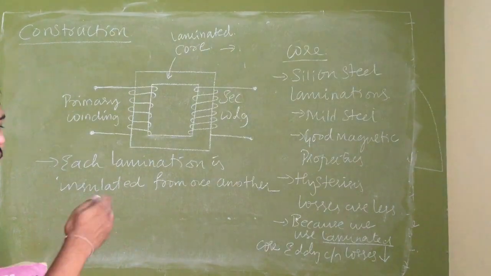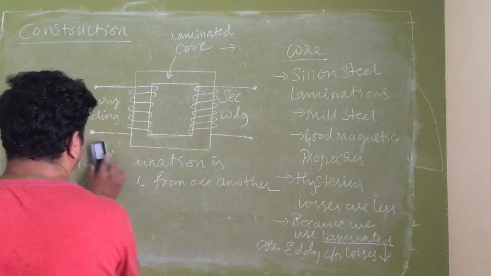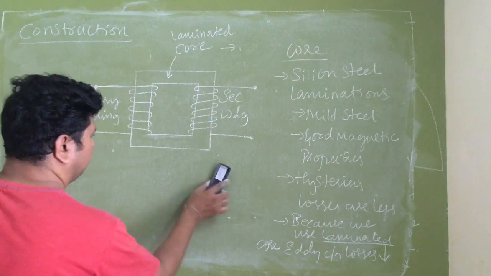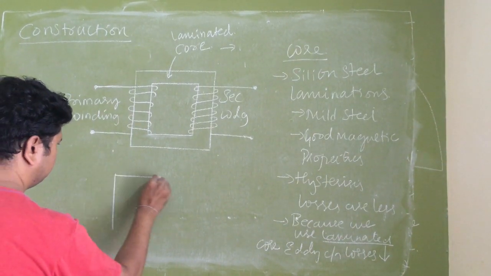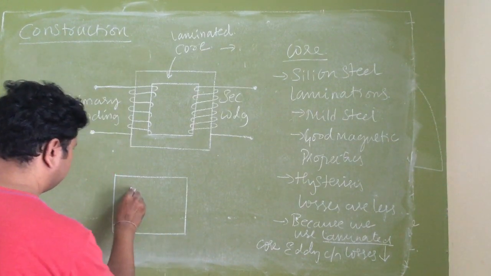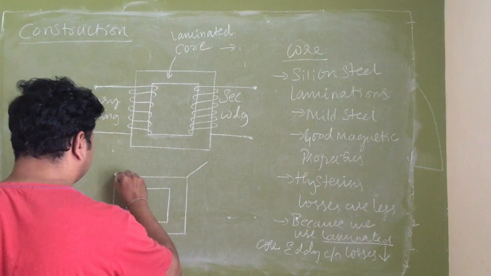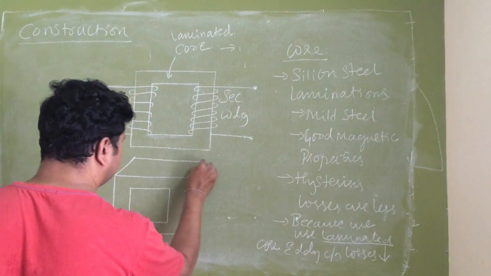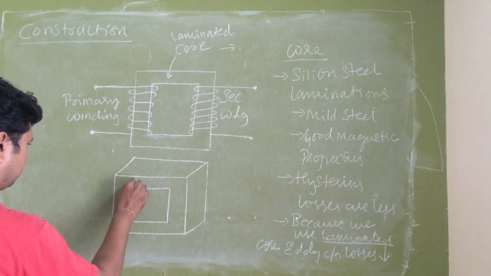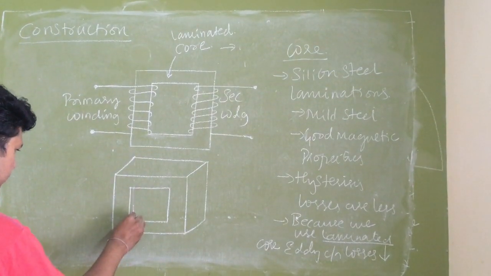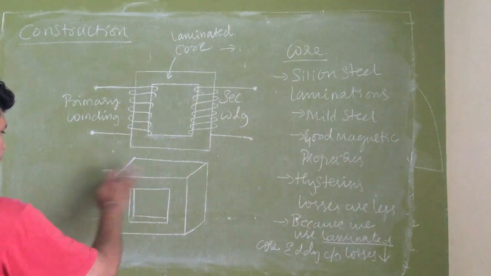So how the transformer core looks once I construct it using laminated core is like this.